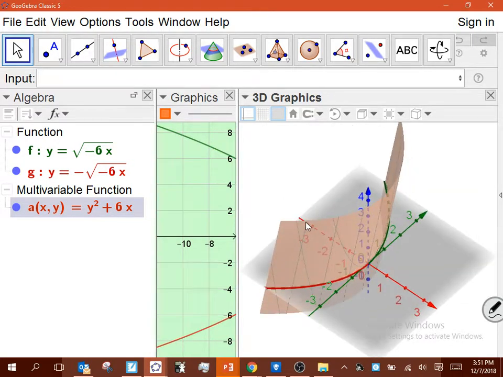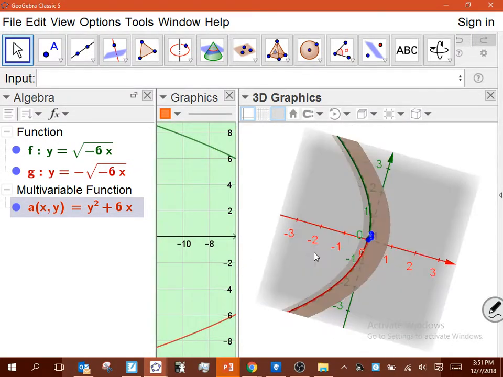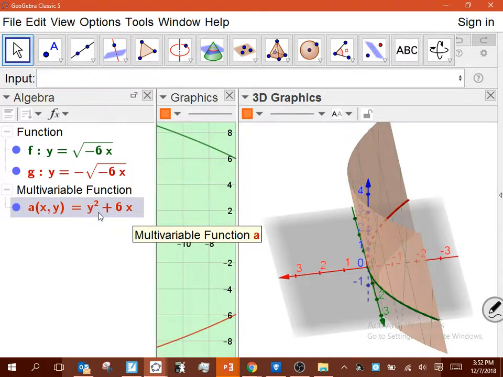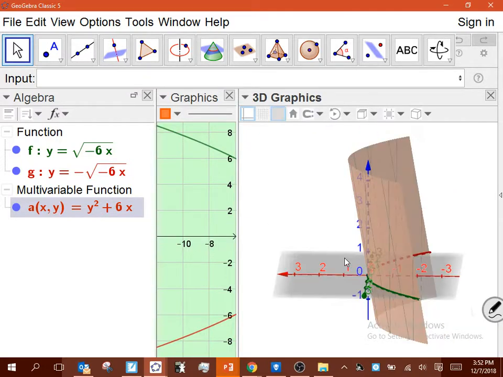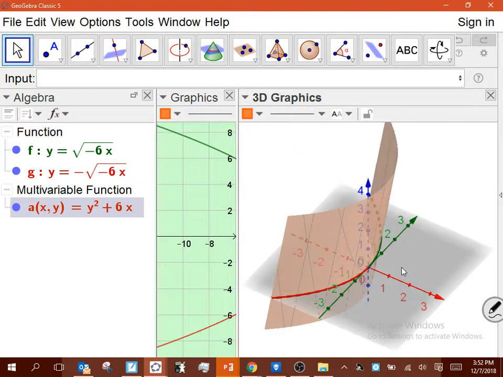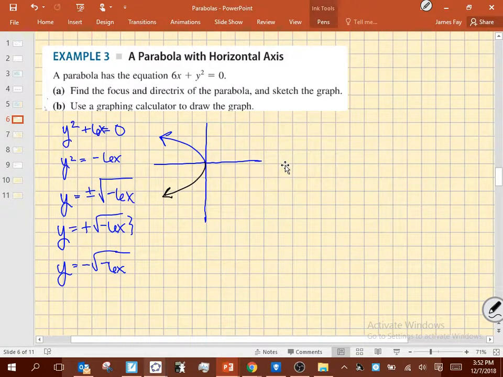I don't want to explain why it's doing that. But basically when we talk about y squared plus 6x with GeoGebra, it's going to graph not a plane, but a surface. And that surface there is parabolic, but it is showing essentially the same thing that we're interested in here. Just the way GeoGebra graphs those implicit equations.